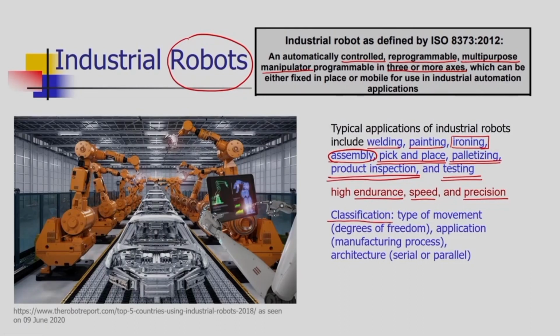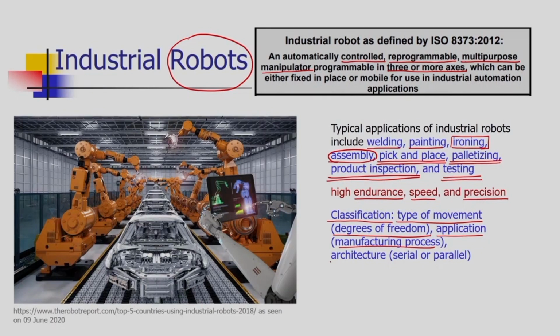Various types of robots are used in the industry, and they can be classified based upon the type of movement, that is the degrees of freedom, or the application, that is the manufacturing processes. It may be for welding, for palletizing, or for assembly, or any other manufacturing process operation.